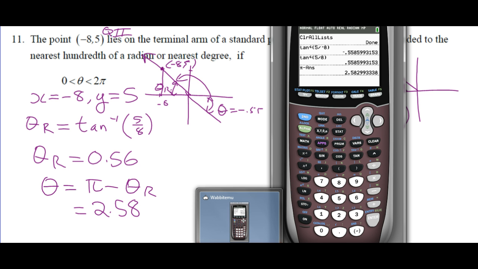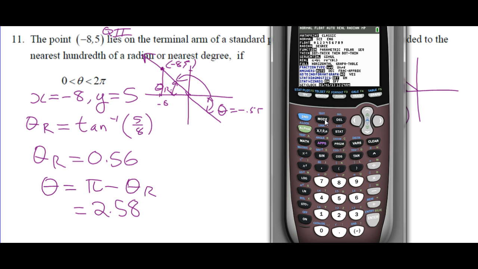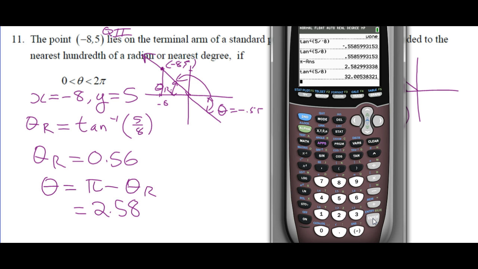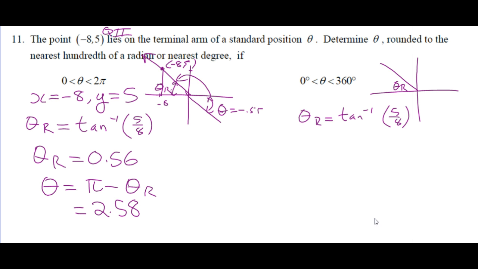Mode, degrees. So the tan inverse of 5 over 8 is 32 degrees. Now what are we going to do? We're going to go 180 minus 32, which is 148.